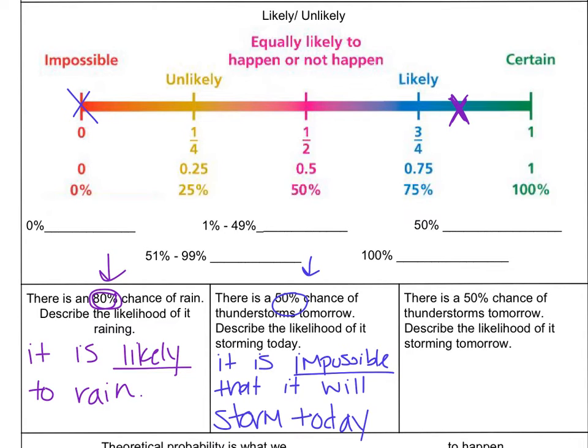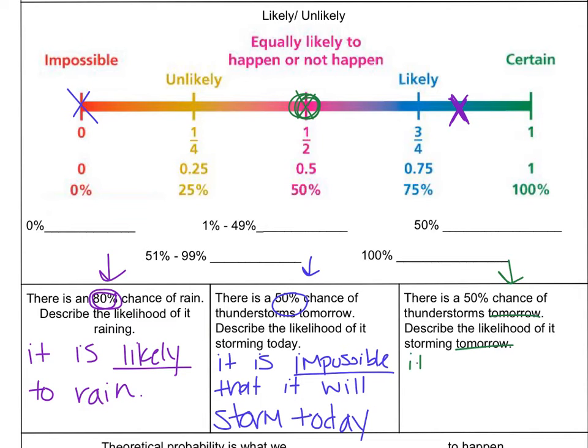Okay. And then this one, there's a 50% chance of thunderstorms tomorrow. Describe the likelihood of it storming tomorrow. So we can use this number since those happen at the same time. 50% falls right here in the middle.